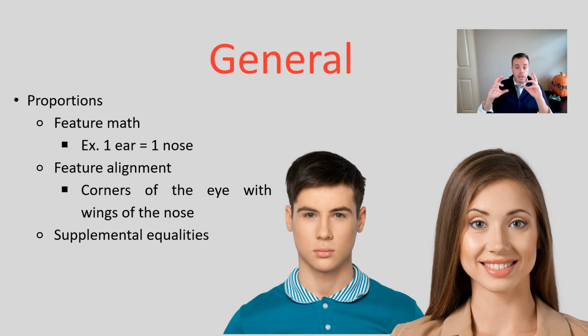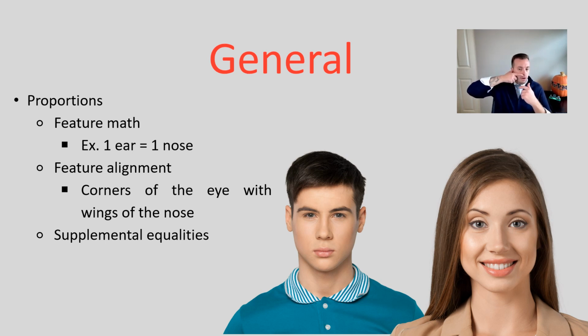The other thing is that people frequently forget supplemental equalities. This is roughly a two-third measure length of your face that helps you determine where the other thing should be. Especially when it comes to a protrusion, I like this when I'm building the restorative art armatures, the heads, to see how far my nose is supposed to stick out, because I know where a forehead is and I know where the base of the nose is going to be based on the nasal spine.